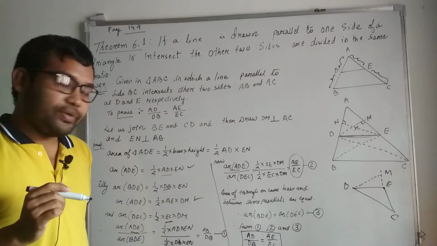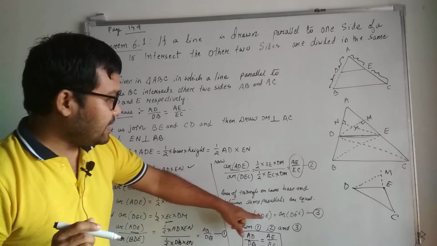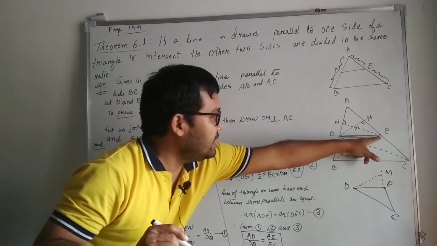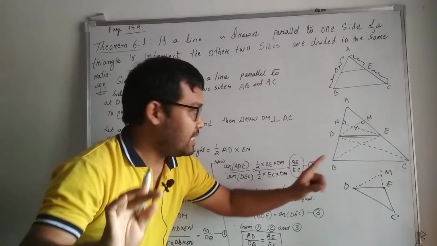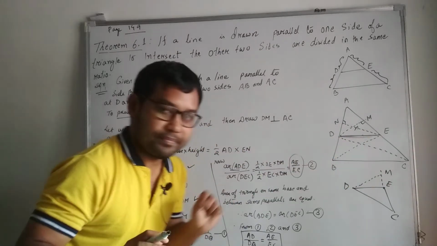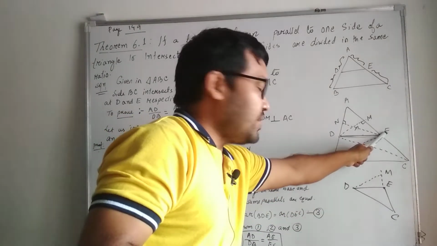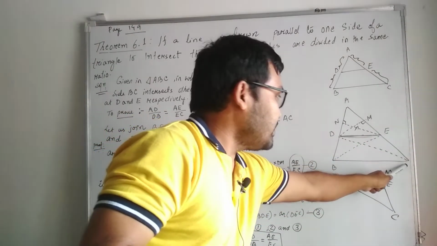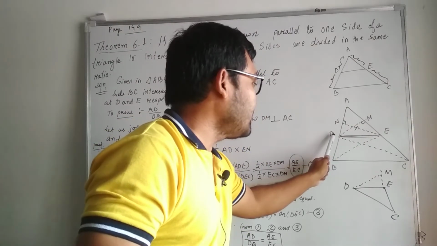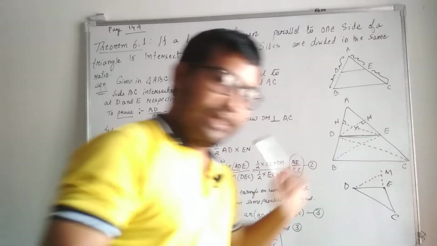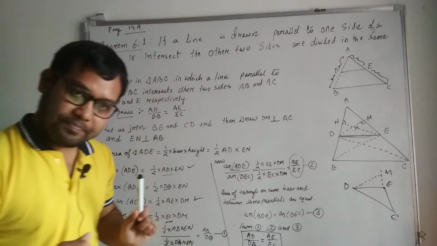If you look at it, DE is the base of both BDE and DEC. They have the same base DE and lie between the parallels DE and BC. I am repeating again: triangle BDE and triangle DEC both have the same base DE and the parallels DE and BC. Therefore, these two triangles are equal in area.